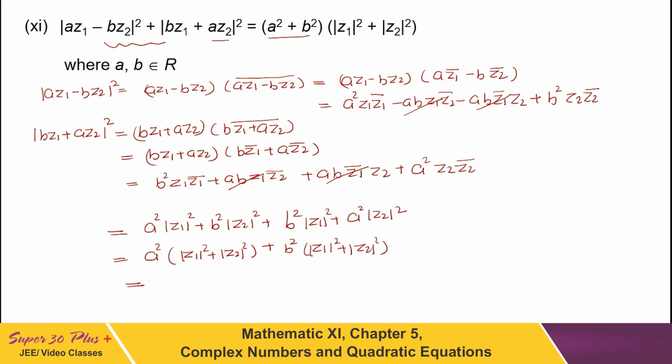Now take |z1|² + |z2|² as a common factor and here will be a² + b². This is the right hand side. So property number 11 is proved here.